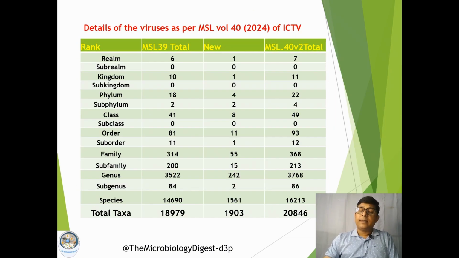As per the latest release in the year 2024, ICTV has released the master species list, written on the ICTV website as MSL. It indicates the master species list of viruses. So this many viruses are classified by ICTV till the release of this version.